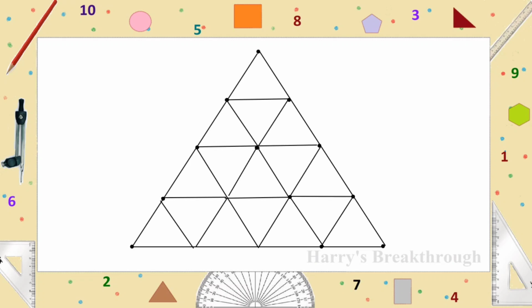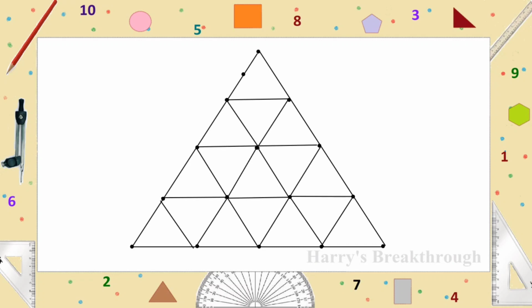Now, let us divide each of these small triangles again into 4 triangles. For that, what can we do? We have to mark the midpoints of the sides of each of these small triangles. Let us start from the top. Here, we have marked a point at the midpoint of this side.